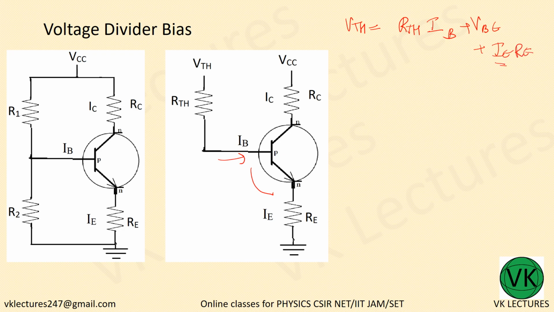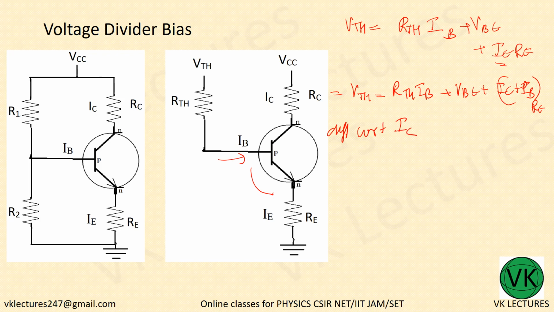This IE you can convert to IC plus IB. So what you have, VTH is equal to RTH into IB plus VBE plus IC plus IB into RE. Alright.